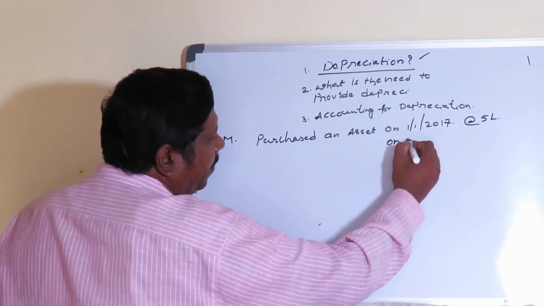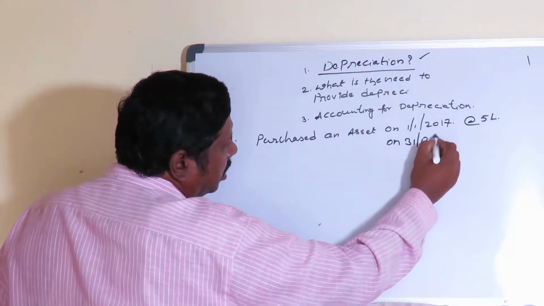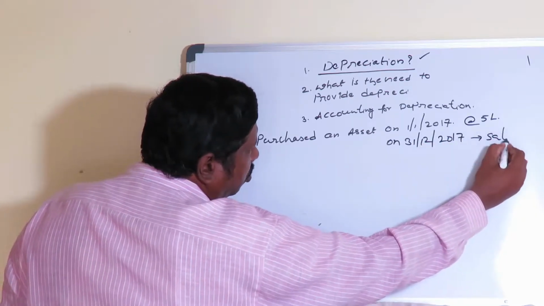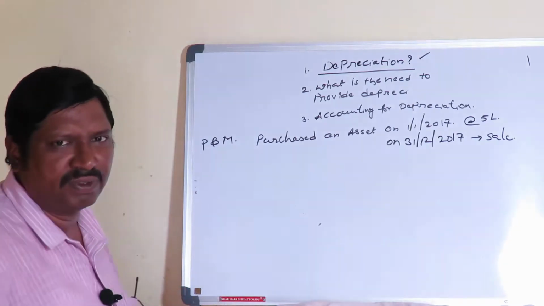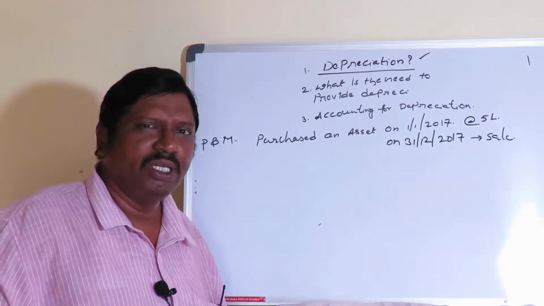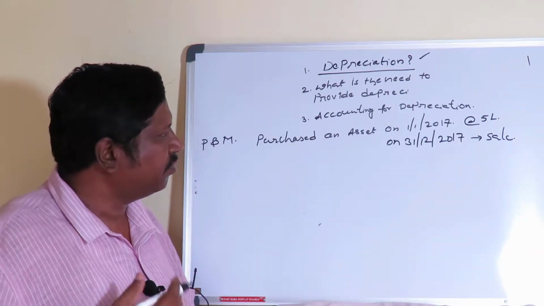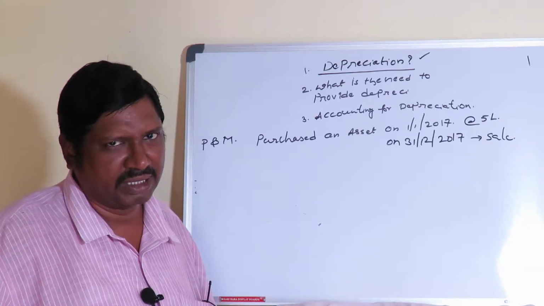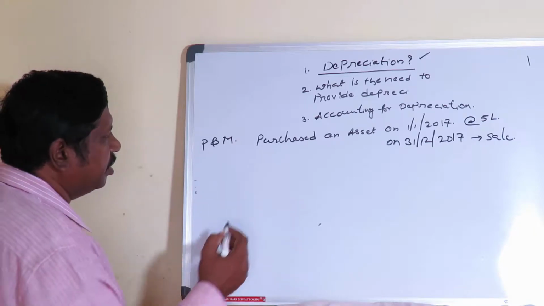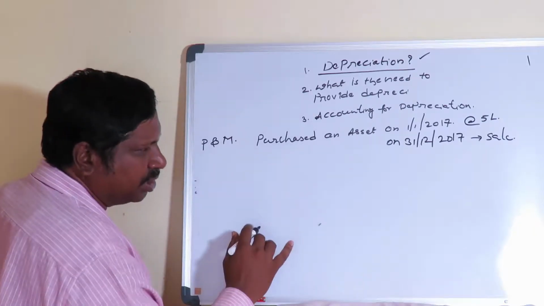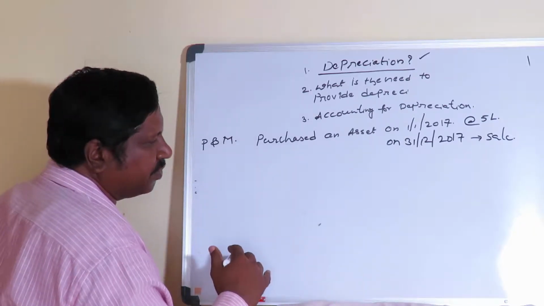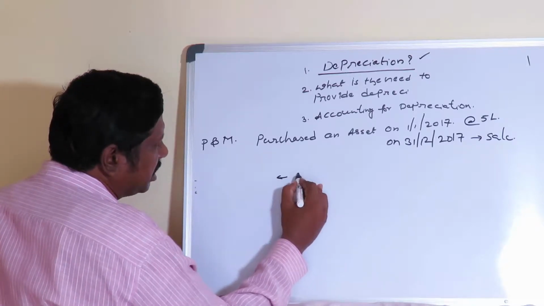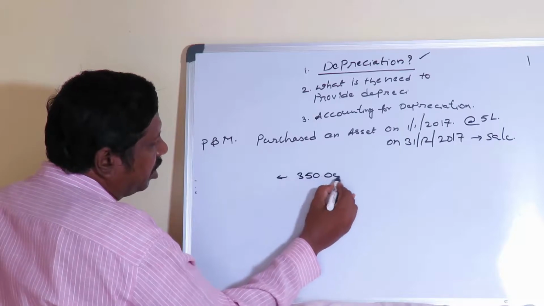Say, for example, on 31st December 2017 you offered it for sale. Will you get the total amount of 5 lakhs that you incurred on it? No, you cannot. Say the person who wanted to purchase from you offered to purchase the asset at 3,50,000 rupees.